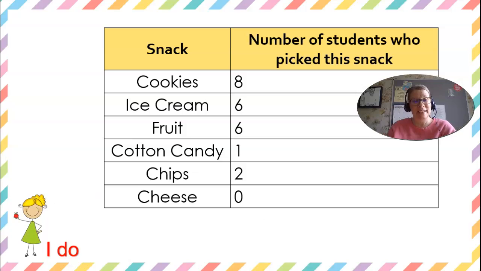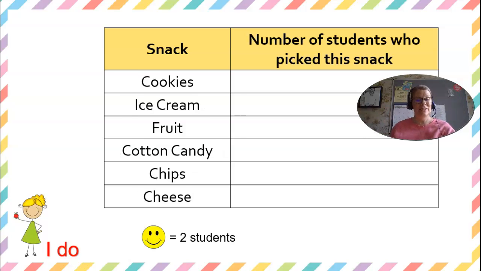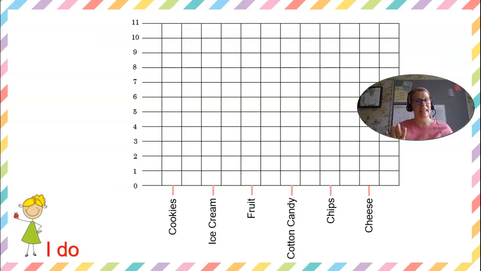But so nobody else picked cheese either. Okay, so now what you're going to do, you have your pictograph that looks just like this one. The smiley face is going to equal 2 students. So go ahead and create your pictograph with that data. And then you're going to create your graph. Okay, go ahead and do that. And you can pause this video if you would like.